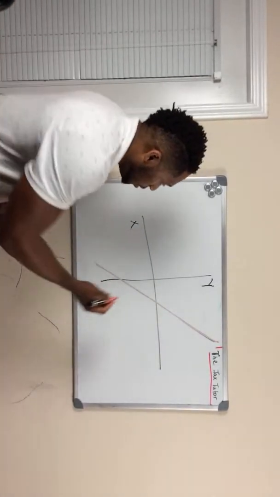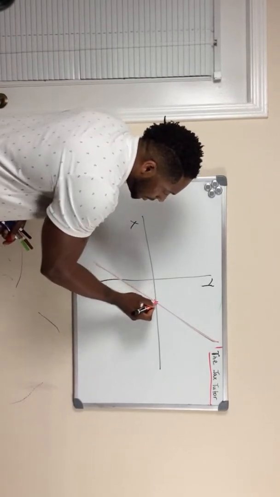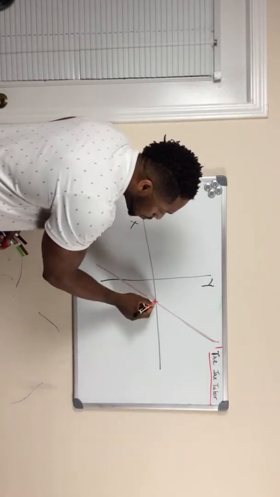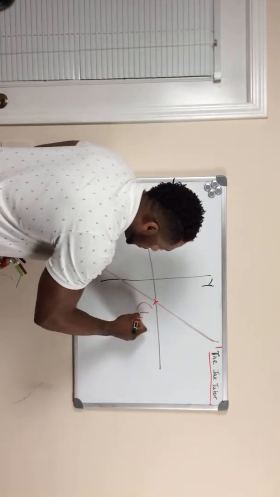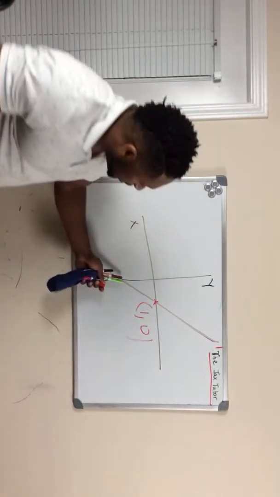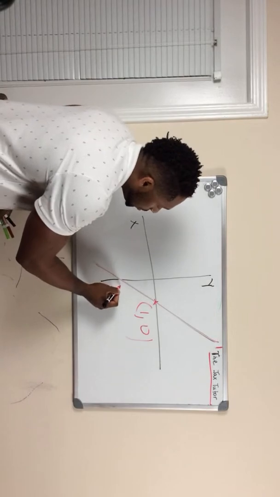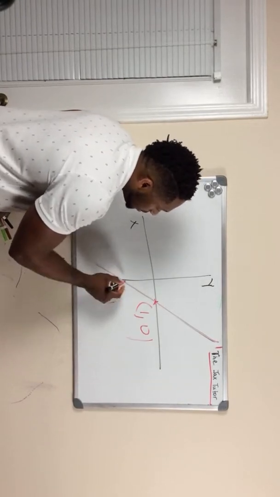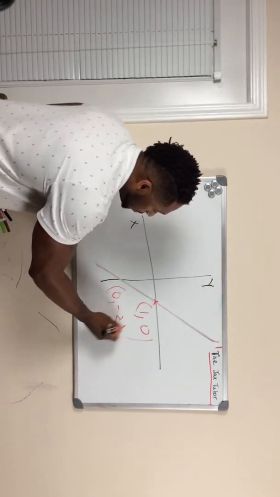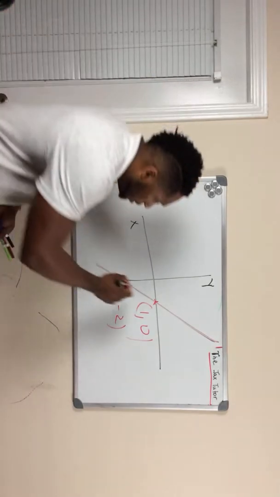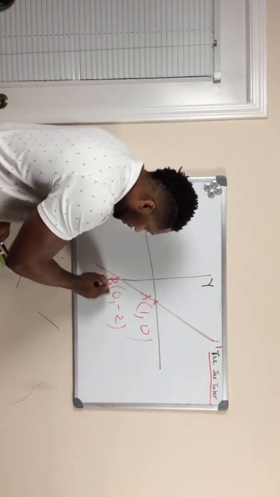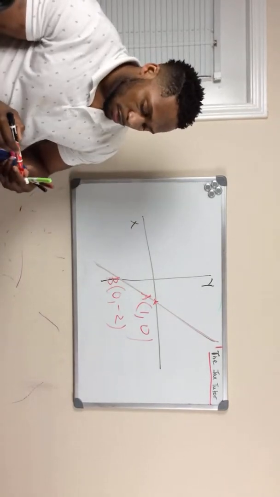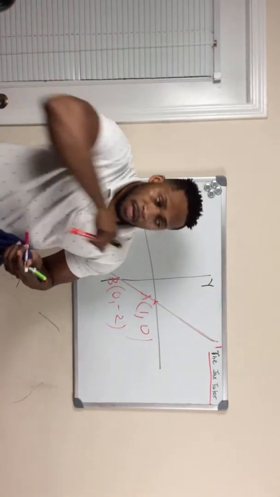Let's say this point is x equals 1, y equals 0. And then you have a point here, x equals 0, y equals -2, for example. So these are two points, point A and point B. So the way you go about finding the slope of the line is this.